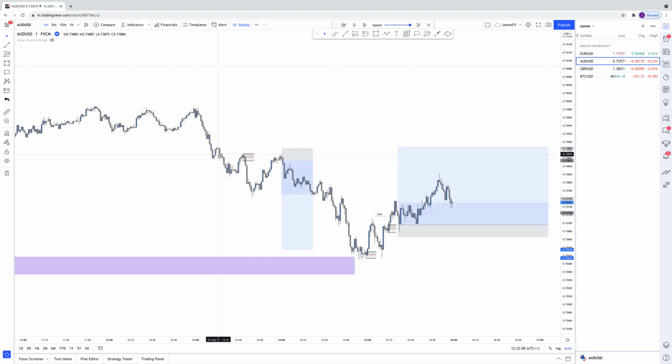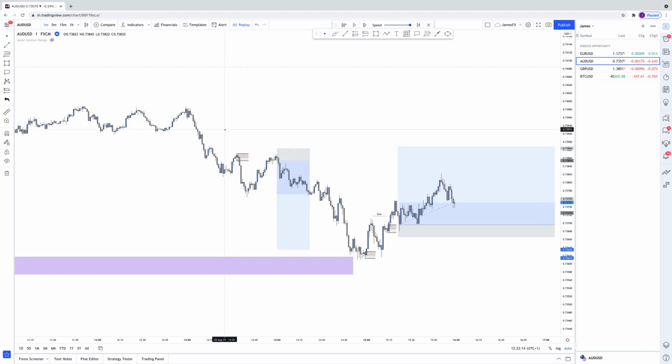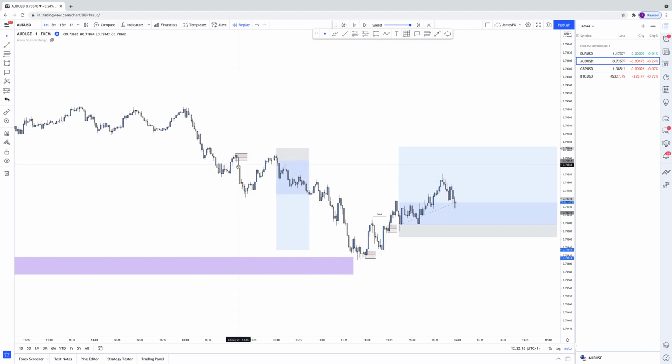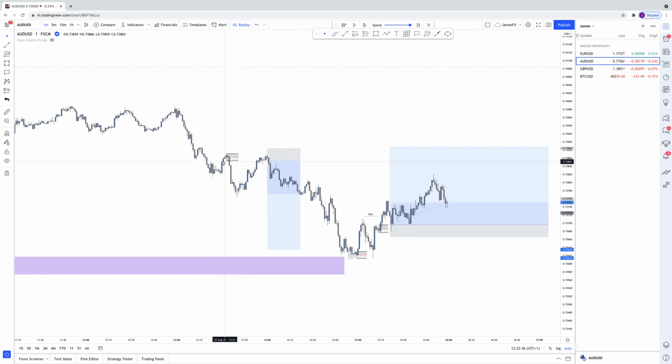Then we pulled back and put in a lower low. And as I'm always saying, I like to see a clean break, and you can see we've broken that low very aggressively. And we have this little range, 1, 2, 3 candles, and either candle or taking the whole range, there's no right or wrong.